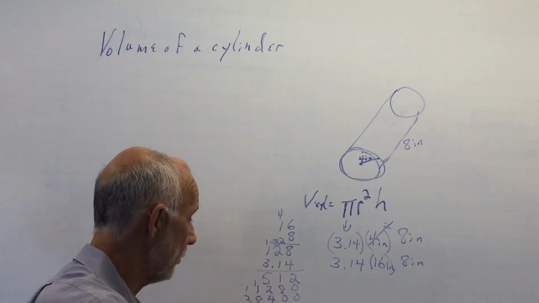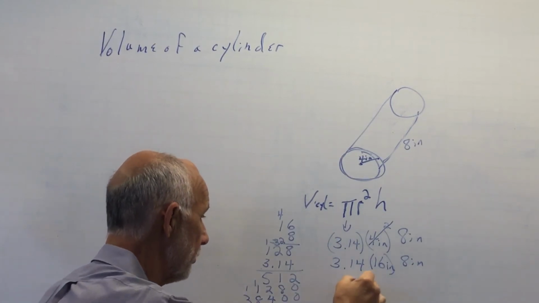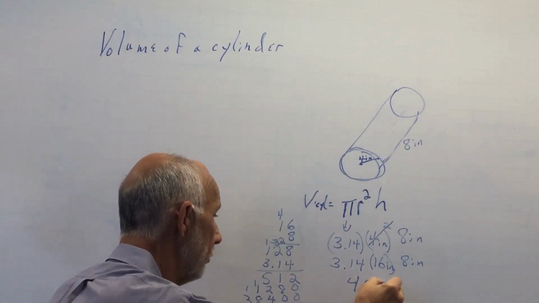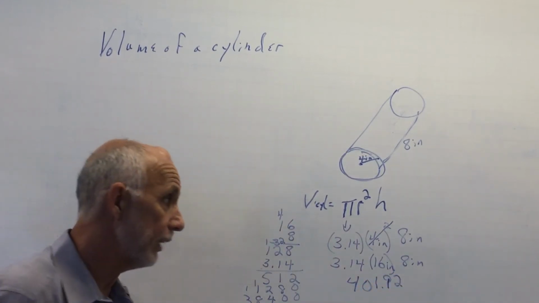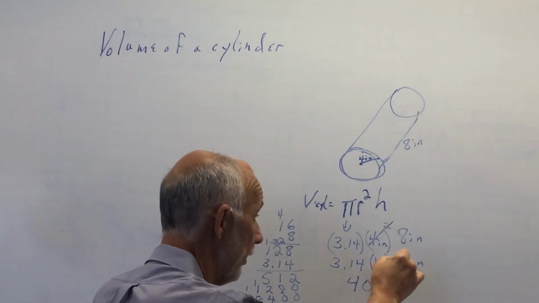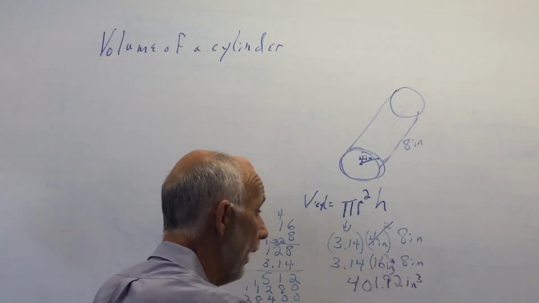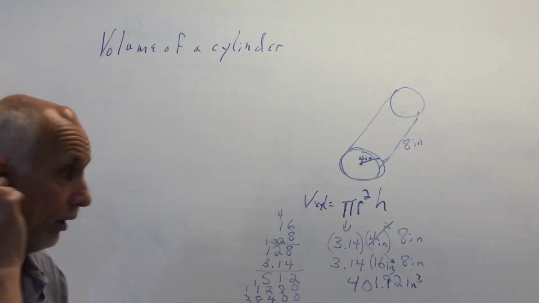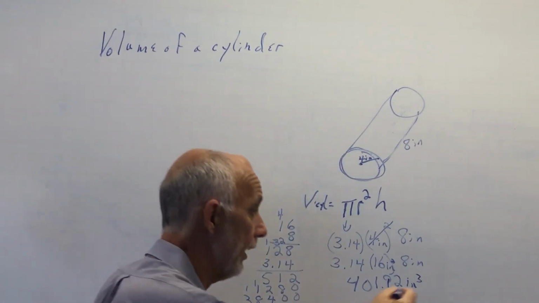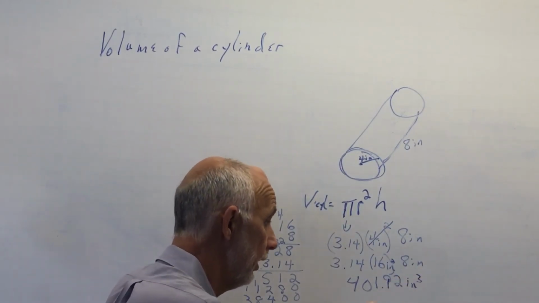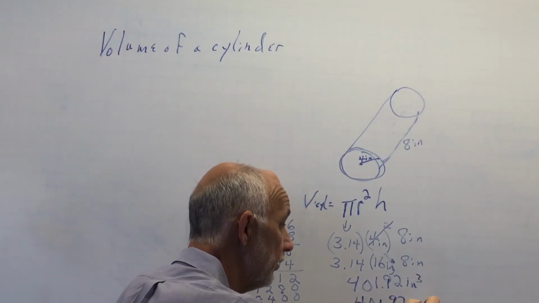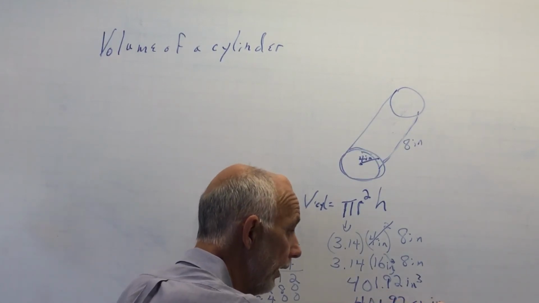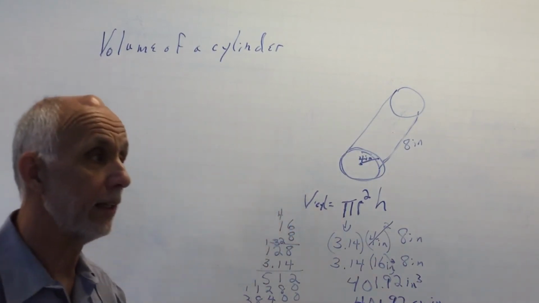2 places behind the decimal in the problem, 2 places behind the decimal in the answer, and your answer is 401.92, but not inches squared. It's inches to the third power, or cubic inches. For those of you who don't know how to get the exponent on the inches, you would write it 401.92 cu in. Abbreviate cubic as cu in front.